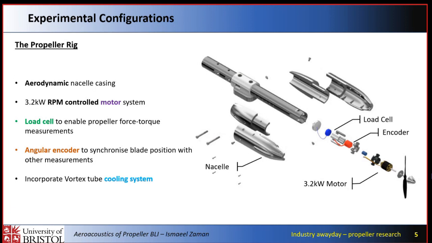We have a 3.2 kilowatt motor inside, and with that amount of power, we can generate quite a lot of heat, which necessitates the use of a cooling system, which, similar to Liam's, uses a compressed air system, but we also pass it through a vortex tube to lower the temperature even further. Inside here, we both have a load cell and an angular encoder. The load cell, as Nora and Liam previously demonstrated, can give you the thrust and torque of the propeller, and the angular encoder can give you your absolute blade position through time.